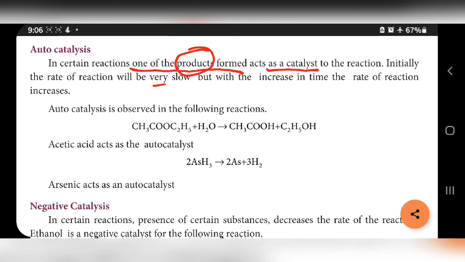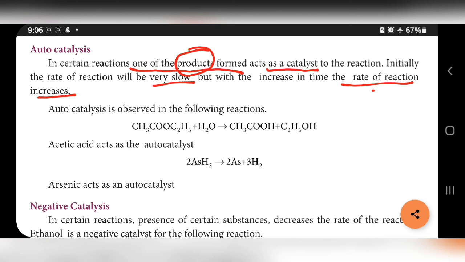Initially the rate of the reaction will be very slow, because initially there is no product. But with increasing time, the rate of the reaction increases, because as time increases, product increases. Here the product itself acts as a catalyst, so it helps to increase the rate of the reaction.